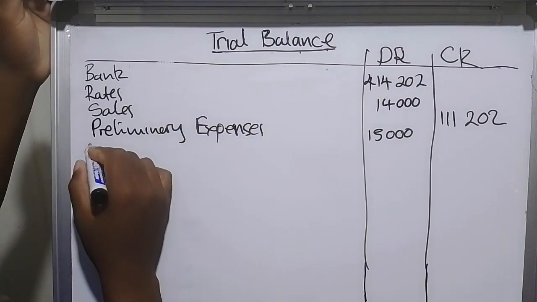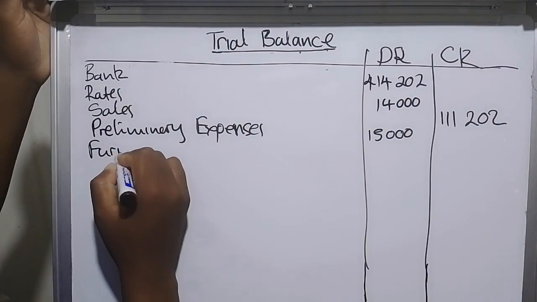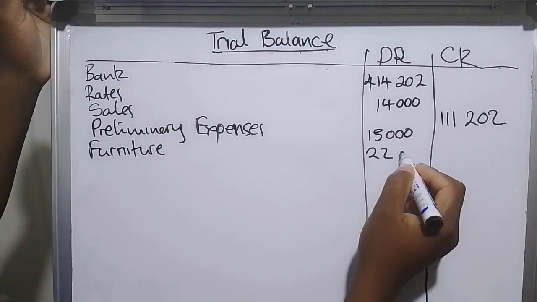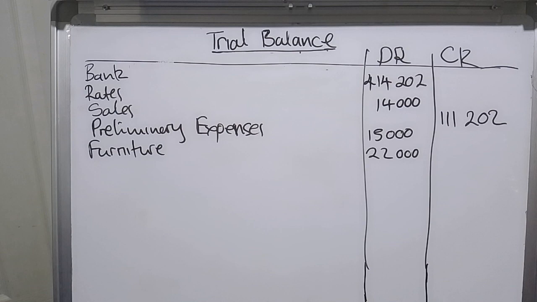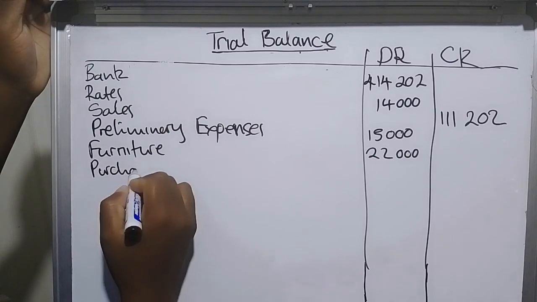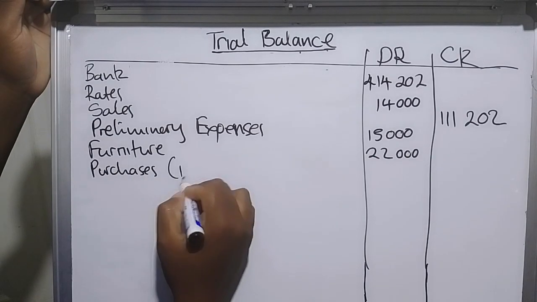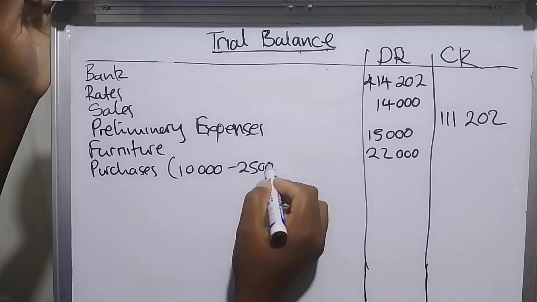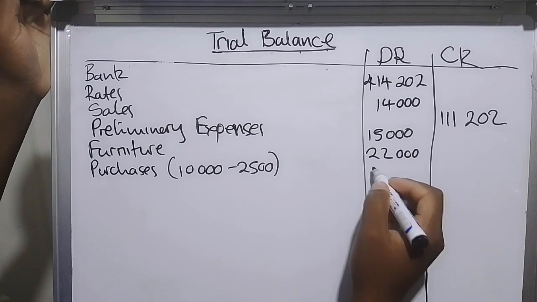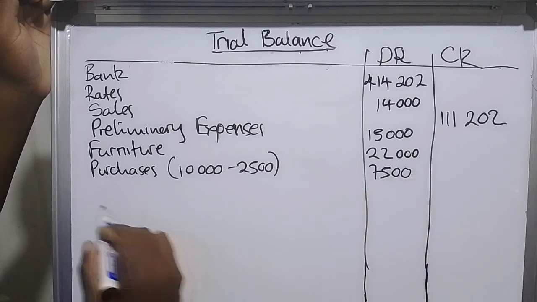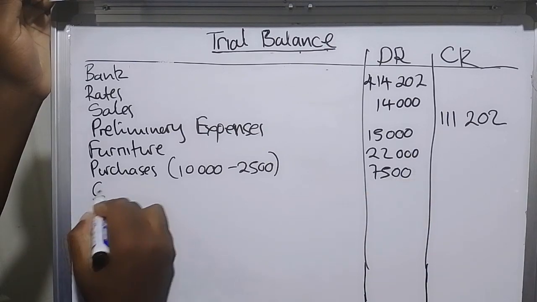We had furniture for 22,000, which is also an asset. We also had purchases. We purchased goods for 10,000, but we had 2,500 which remained in stock. So for purchases we will just write 7,500, and the other 2,500 goes to stock.